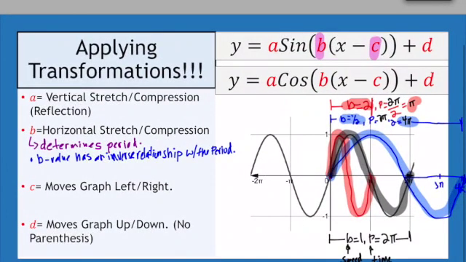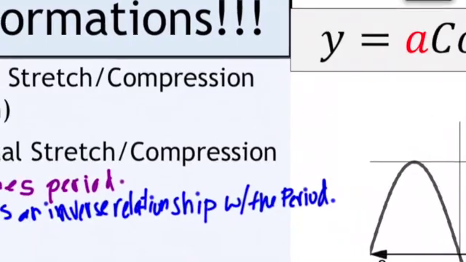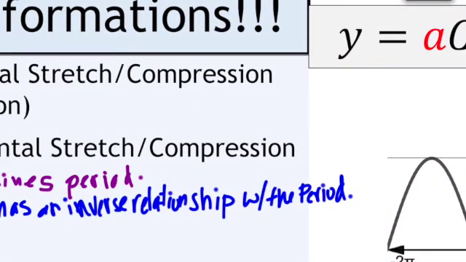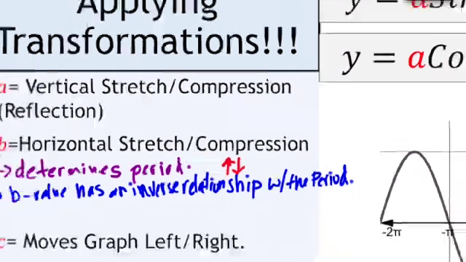The way you want to think about an inverse relationship is that the things go in the opposite direction. As one gets bigger, the other one gets smaller. As one thing gets smaller, the other one gets bigger. So that's the idea there.